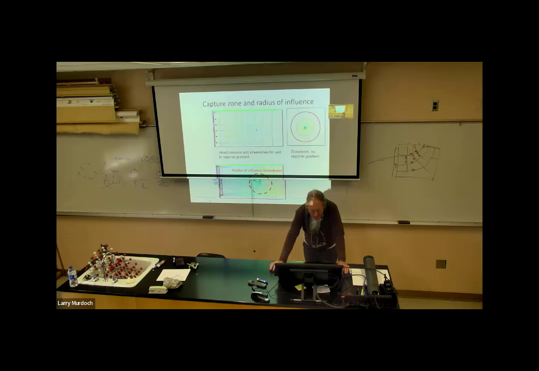This is the region where you have drawdown caused by the well. But you can see that the water that recharges the aquifer at this point is going to end up being captured by the well from these streamlines. So the capture zone for this well is much different than the radius of influence.